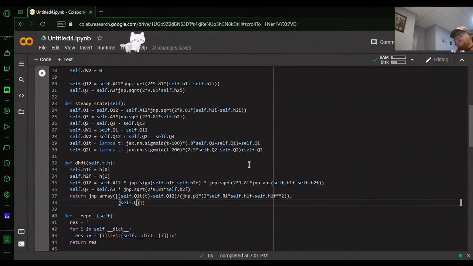Then same thing with dH2 dt. Over pi times self.R2 times self.H2F minus self.H2F.